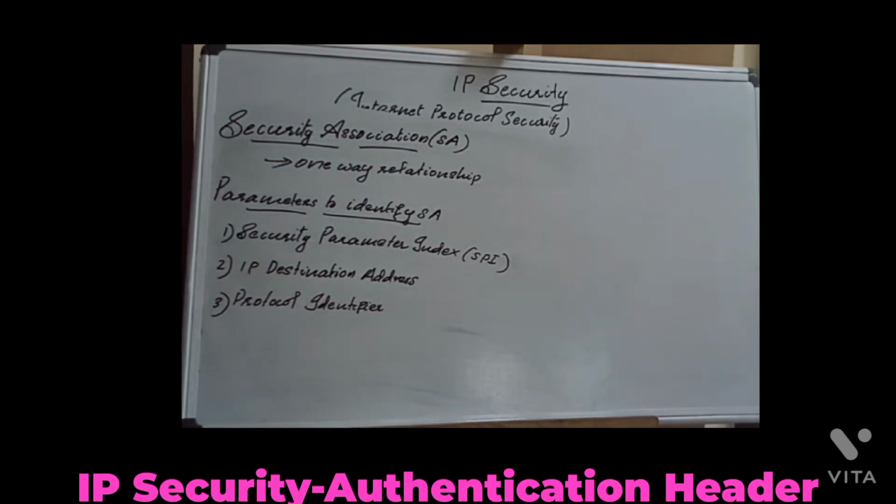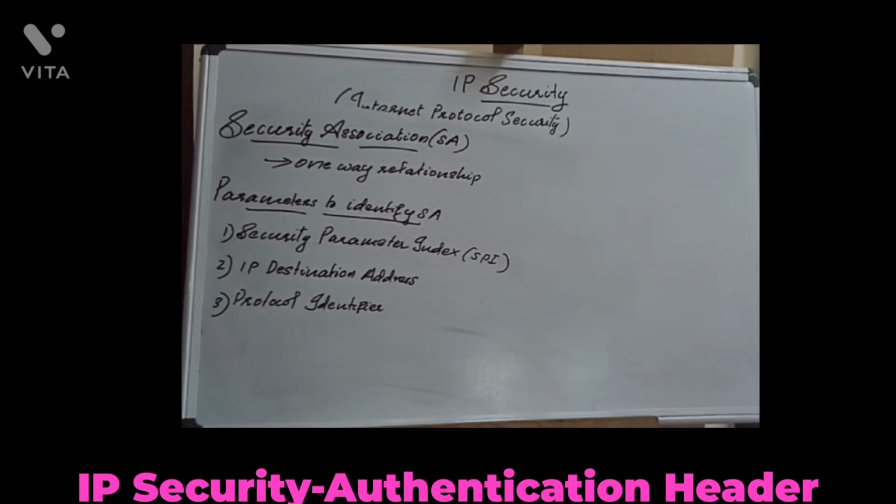It indicates whether the association is an ESP or AH security association, that is, which protocol the security association is going to use. These are the three parameters to identify security association.